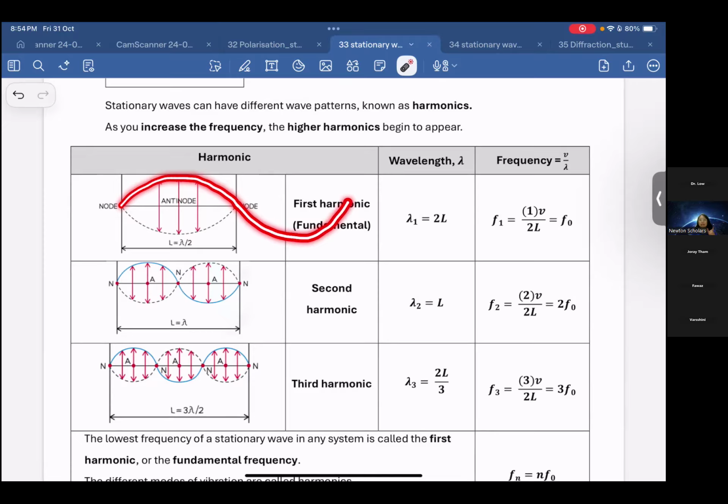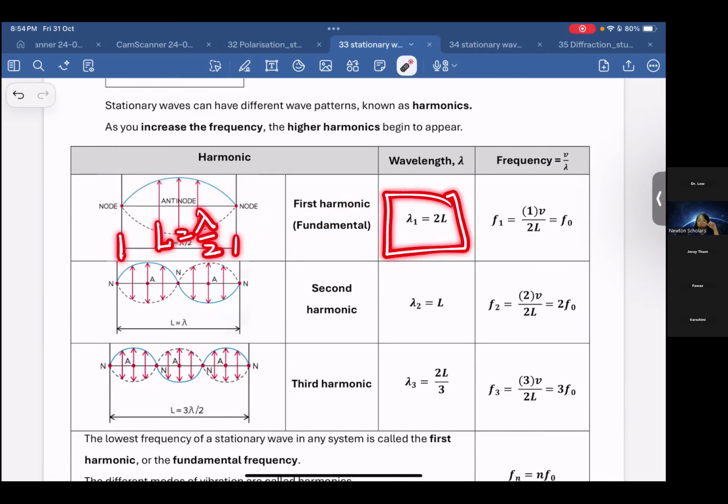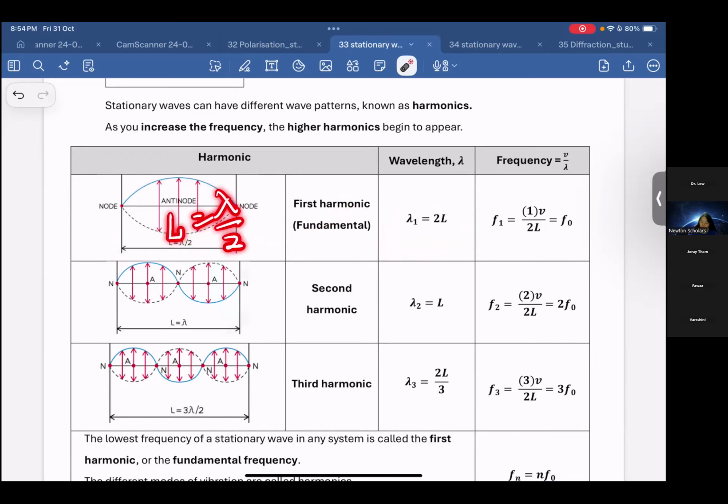The length from here to here is half a wavelength. So your wavelength equals 2L. Do you agree? L equals wavelength over 2, so wavelength equals 2L.